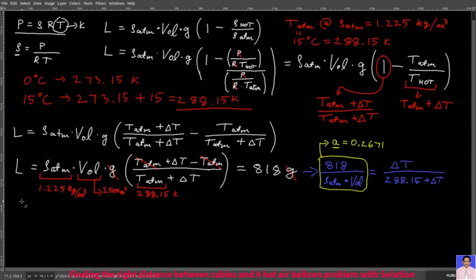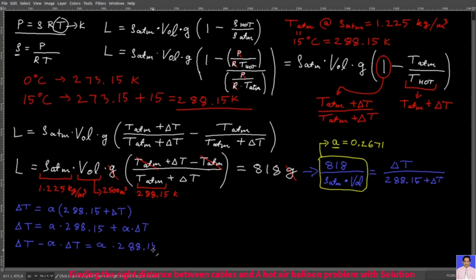So that means that delta T equals A times 288.15 plus delta T. It means that delta T equals A times 288.15 plus A times delta T. Then I will have delta T minus A times delta T, which is A times 288.15.